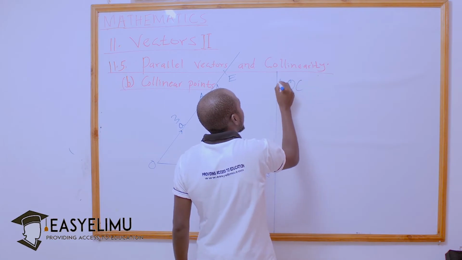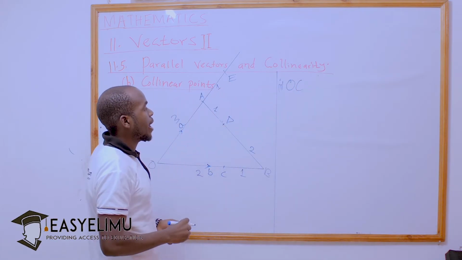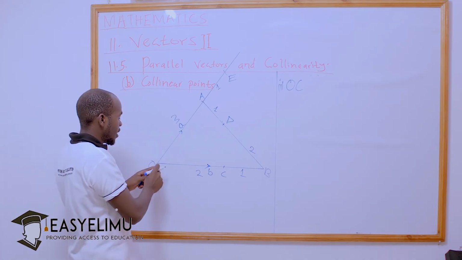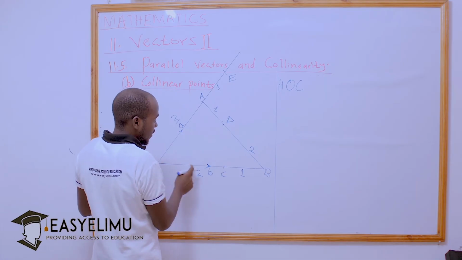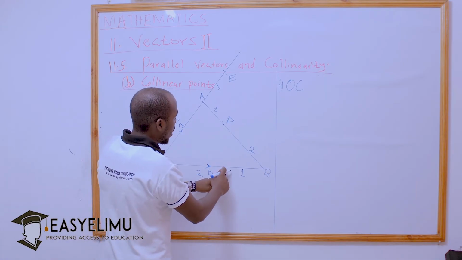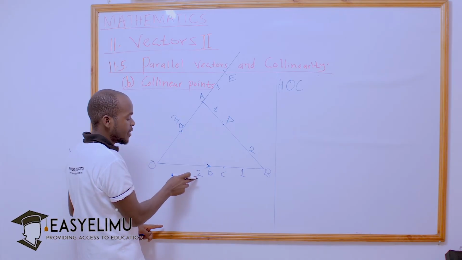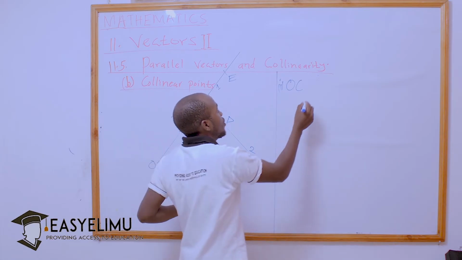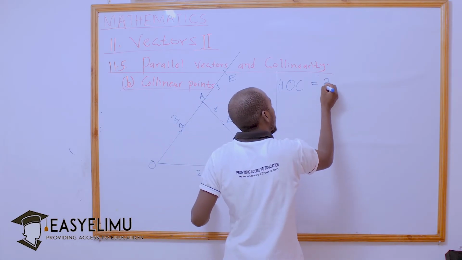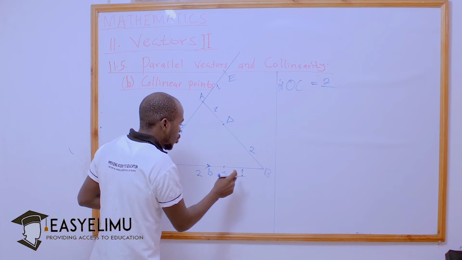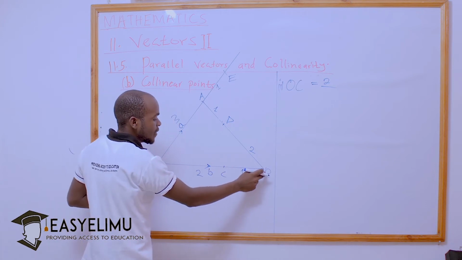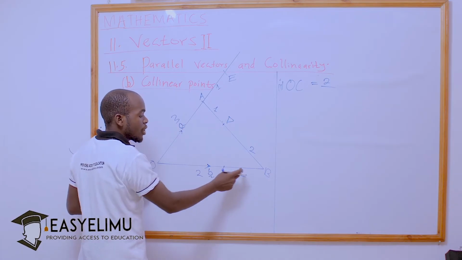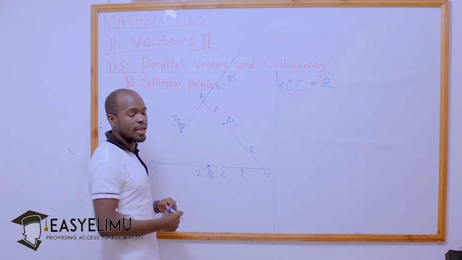We need to express OC in terms of A and also B. So if that is the case, OC here will be given by, since we have said this is a ratio 2 to 1, then this side OC will be equal to 2 over the total ratio, because from O to B is small b, that is vector B. So the total ratio will be 2 plus 1, you will get 3.